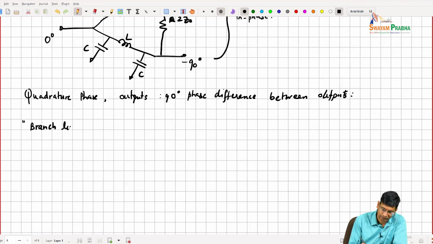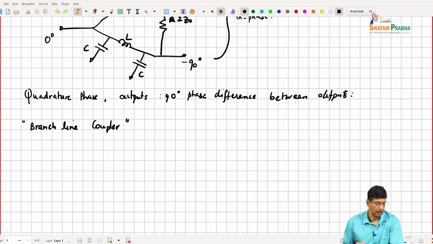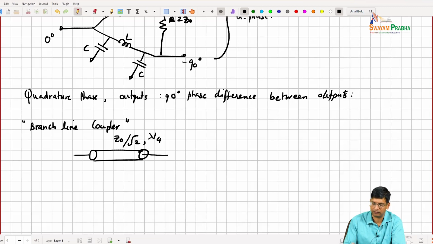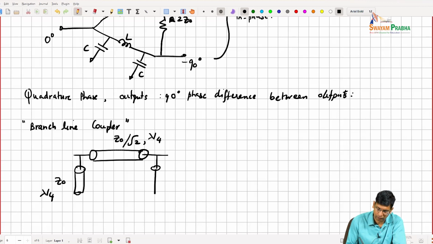Right. And here the idea is that you have one transmission line that is Z naught divided by square root 2 and lambda over 4 long at your frequency of interest. You have an arm here which is Z naught. You have another arm here which ends lambda over 4.